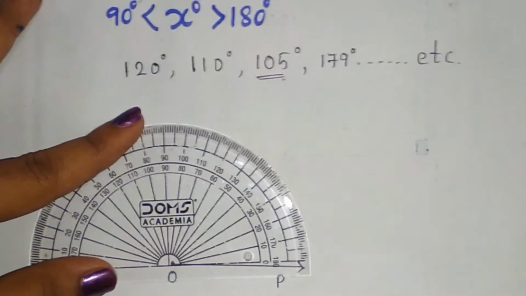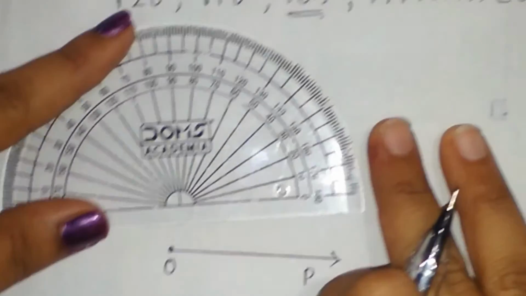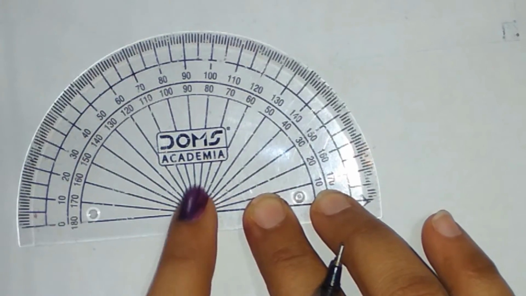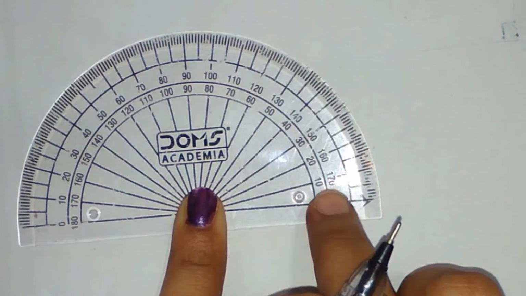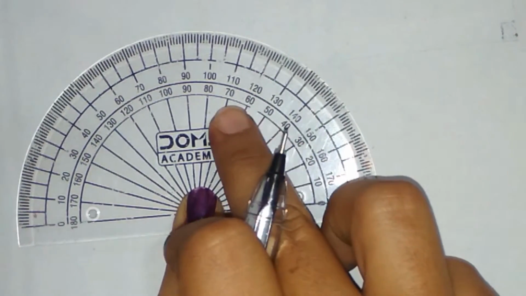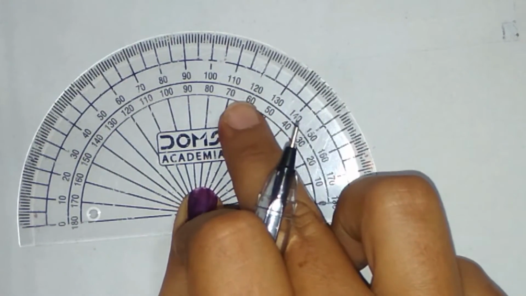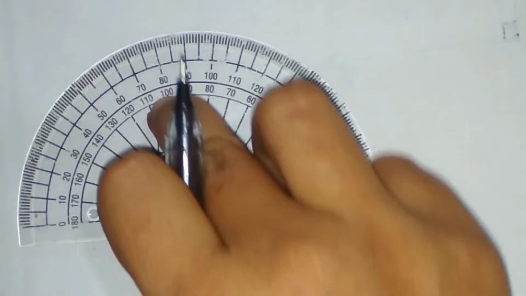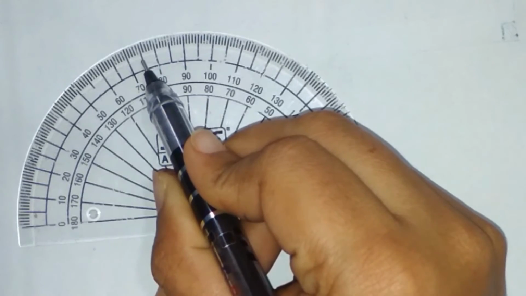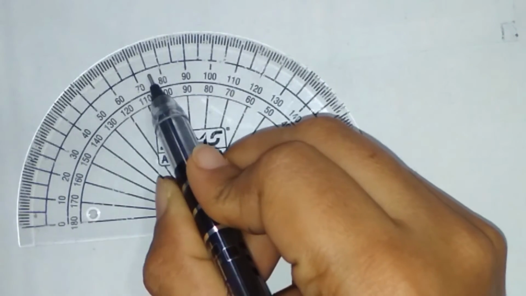Let us see where 105 degrees comes. See, I am starting from the right side, 0, 10, 20, that is, on the lower scale we go 0, 10, 20, 30, 40, 50, 60, 70, 80, 90, 100, and in between 100 and 110 there is 105 here. You can see it clearly.